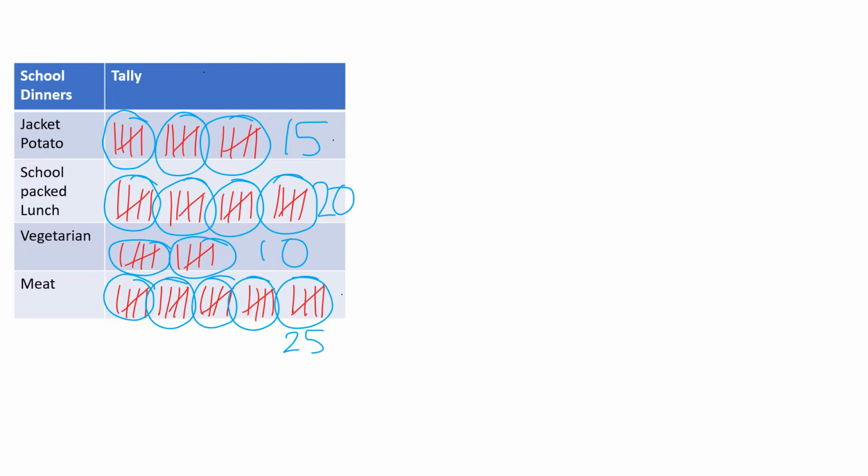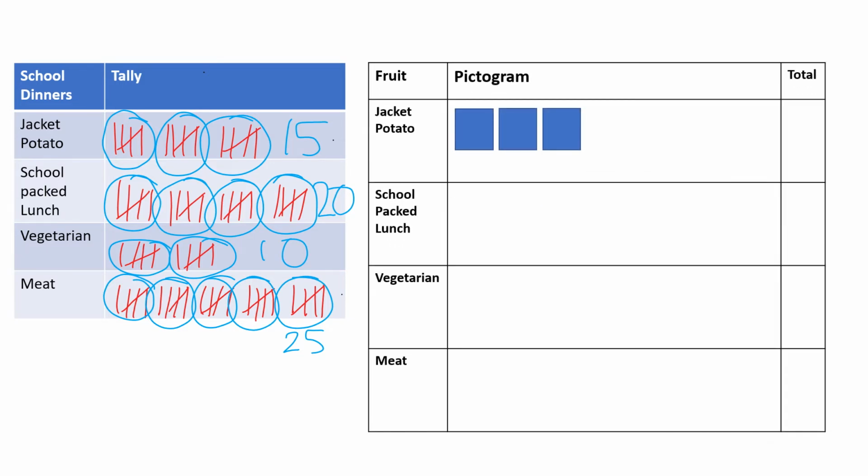Okay, so now we've got the totals, we can use that information to put it into our pictogram. Now the first one has been done for us. And if you look, there are 3 squares, which is a bit strange because if each square was worth 1, would this work? Well, we know it couldn't work because we would need 15 squares to show the total for jacket potato.